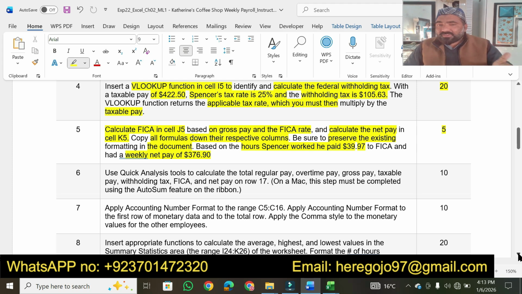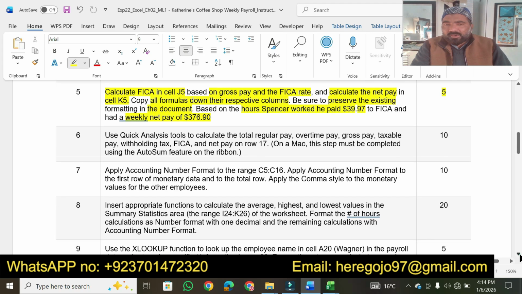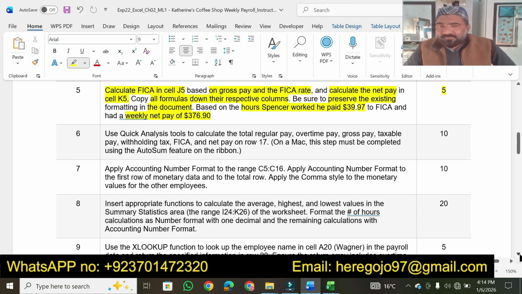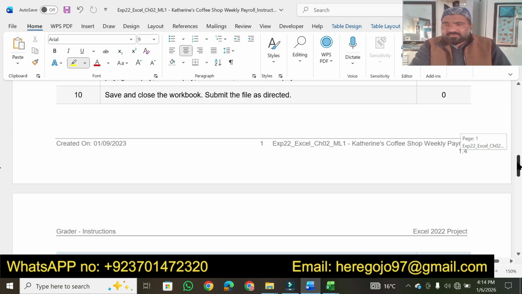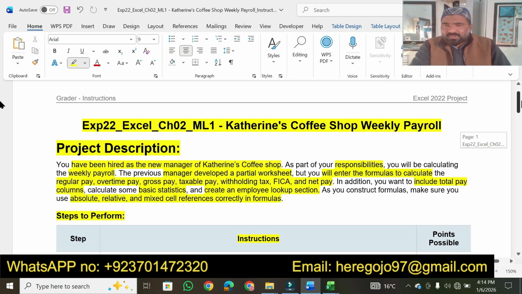The VLOOKUP function returns the applicable tax rate, which you must then multiply by taxable pay. So after solving question number 4, we earned 4 marks from there. Then in question number 5, we have to calculate FICA in cell J5. We just discussed question number 5 and we will earn 5 marks from there. So almost half of the assignment is done from my side in today's video.